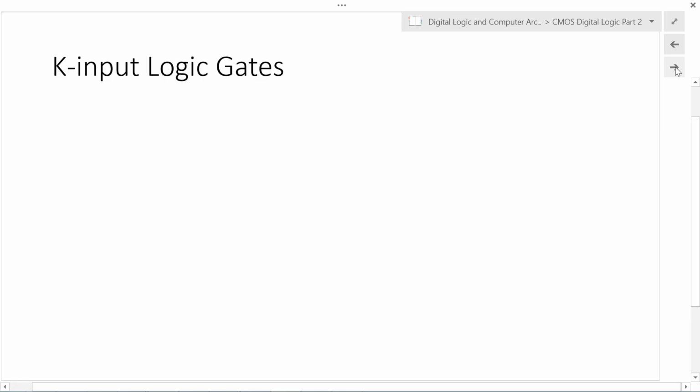So we've worked primarily with two input logic gates so far. What about k input logic gates? So 3 inputs, 4 inputs, 5 inputs. Well, it turns out it's possible to do this in CMOS logic. So we could say we have a 4 input AND.